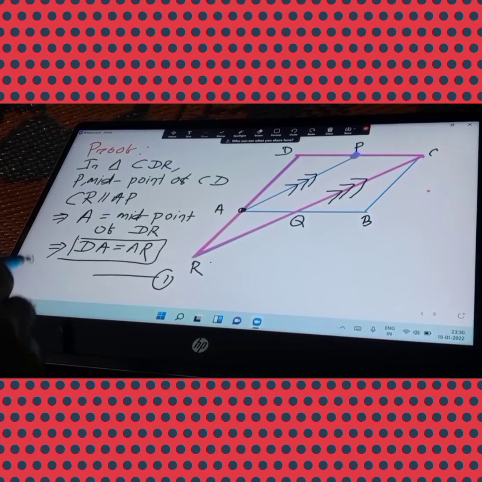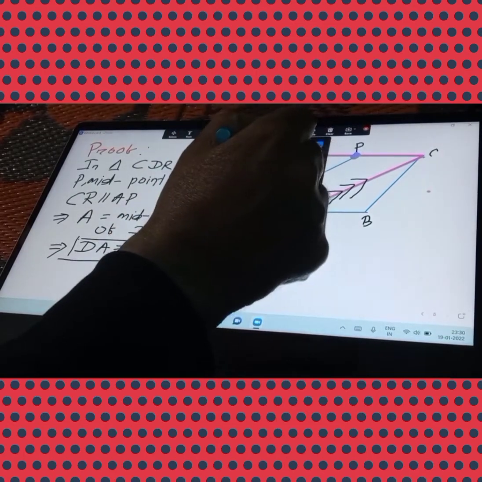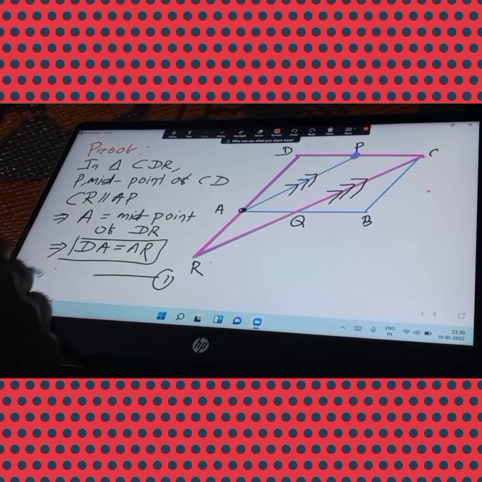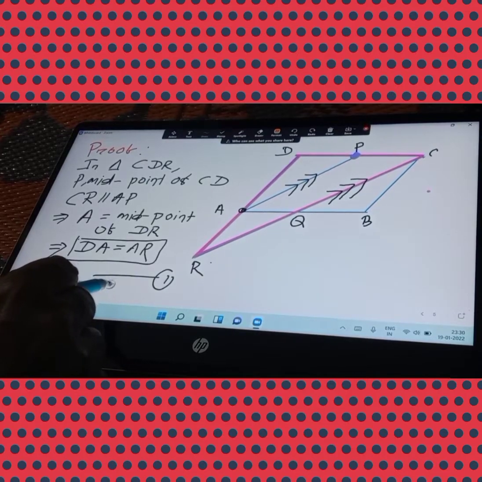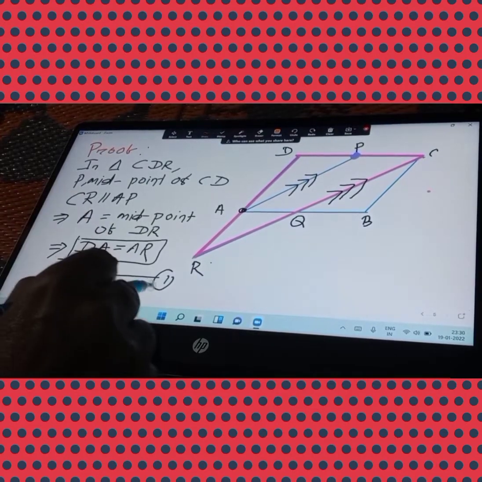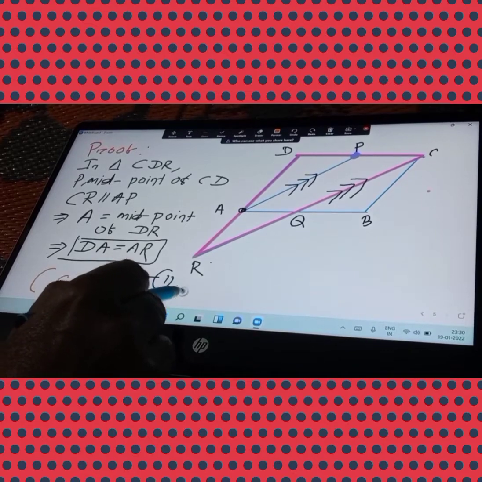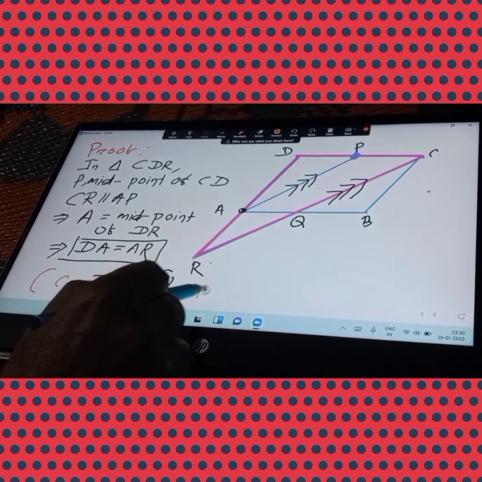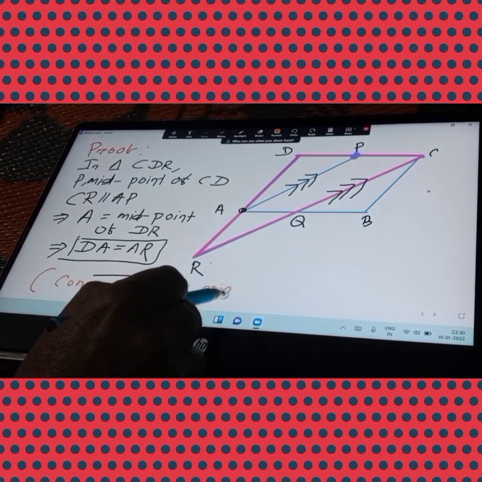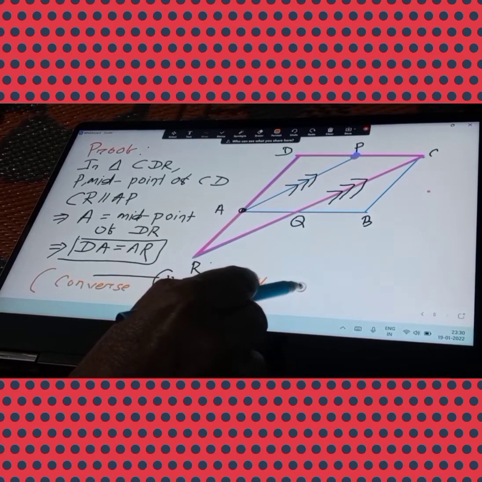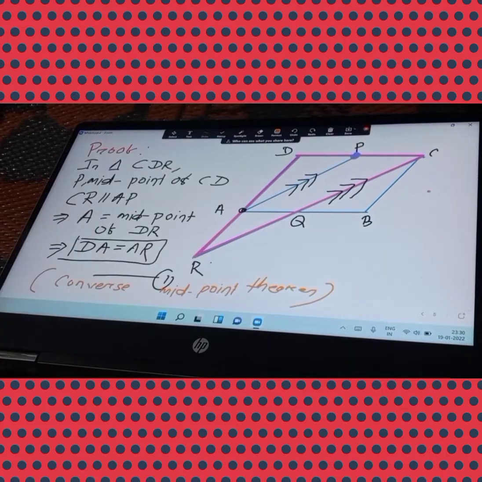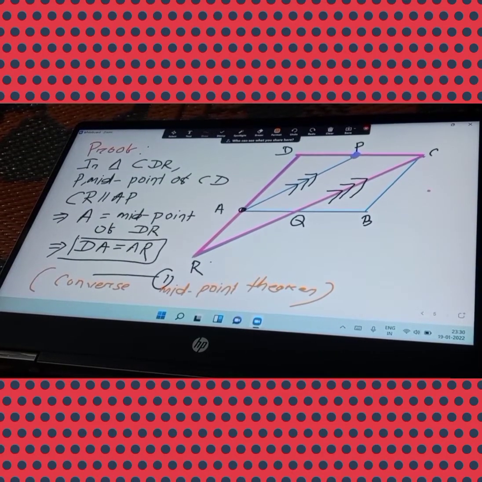So this is according to the converse midpoint theorem. Is it clear? Understand? So the first point is proved.